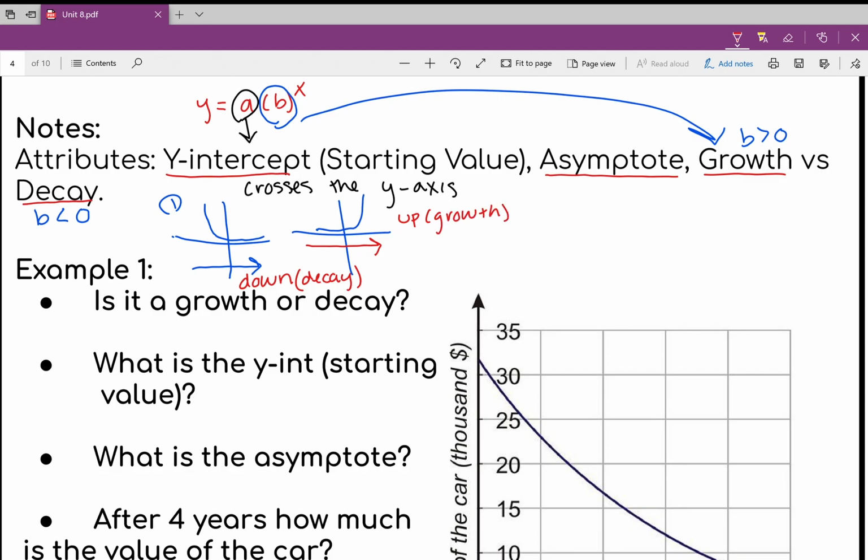Okay. And then the last thing we're going to learn about for the attributes is the asymptote.